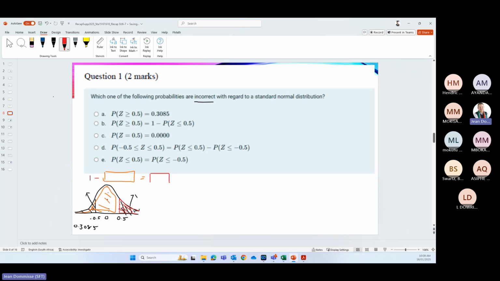Everything underneath must be equal to 1.